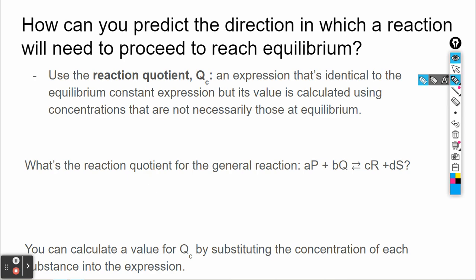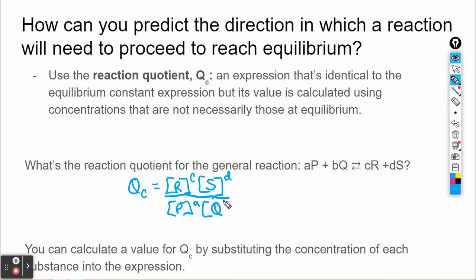Well, our reaction quotient, QC, is going to equal the concentration of product R to the power of C times the concentration of product S to the power of D, divided by the concentration of P to the power of A times the concentration of Q to the power of B. So again, just like the equilibrium constant, it's the products divided by the reactants, each to their own particular exponent.